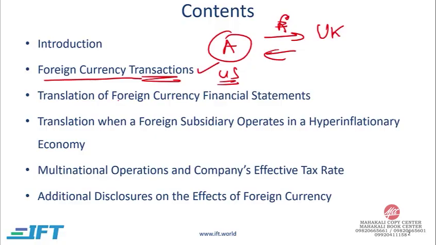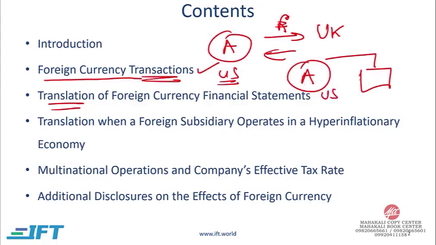Then from transactions, we will move on to translation. Translation of foreign currency financial statements. Here we have a company in a given country, but this country has actual operations in a different country. In this case, again, let's say that company A is in the US and it has operations in the UK.